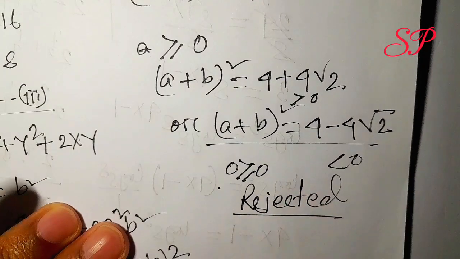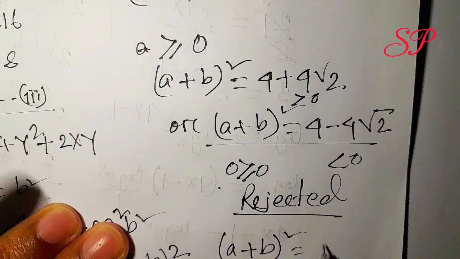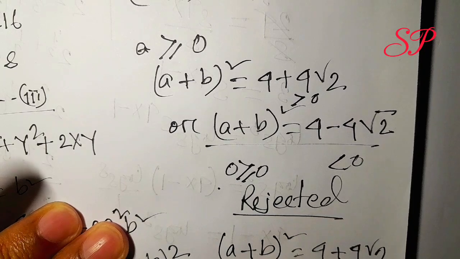Then we can write a plus b all square is equal to 4 plus 4 root 2.